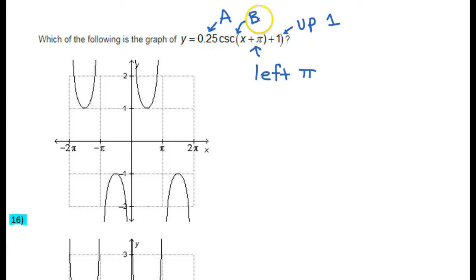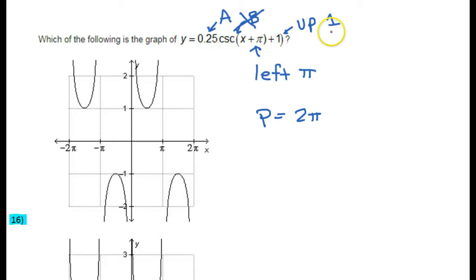So since there is no b value, that tells us that the period has to be the usual 2 pi. For secant, cosecant, sine, cosine, they'll have a period of 2 pi. So these are the three pieces of information that we're going to use to narrow down our search to the right graph. So let's start with up 1.